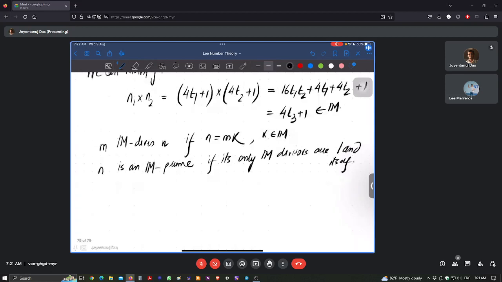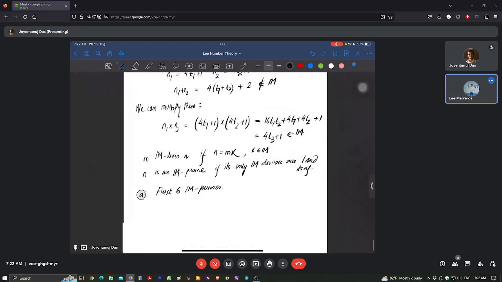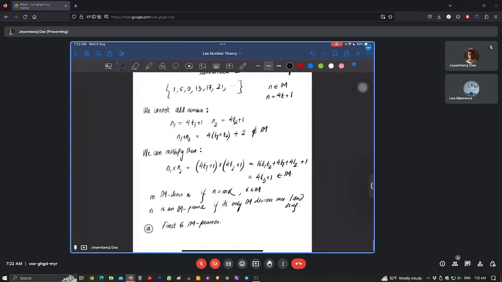So they are asking to find the first 6 M primes. From this list, we have to find the first 6 M primes.